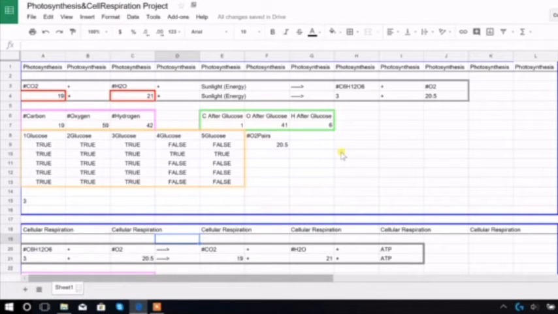Let's see what else. Photosynthesis happens in the chloroplasts, in the chlorophyll, which is the thing in the chloroplast, which is an organelle of the cell.